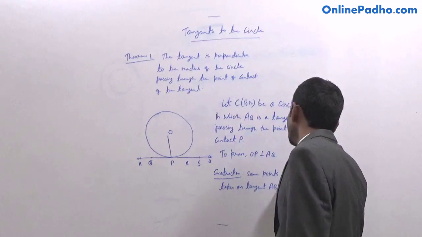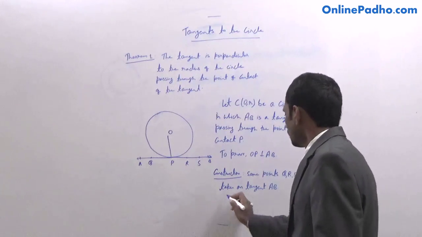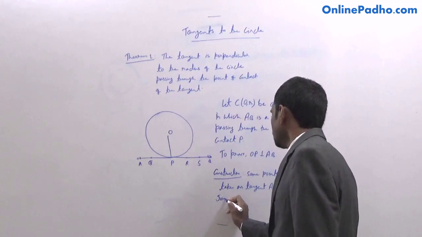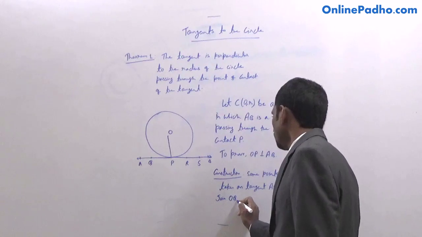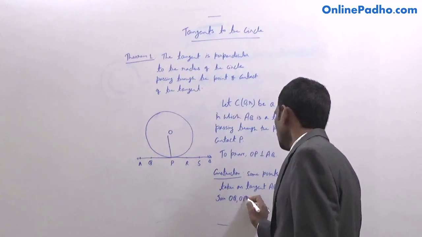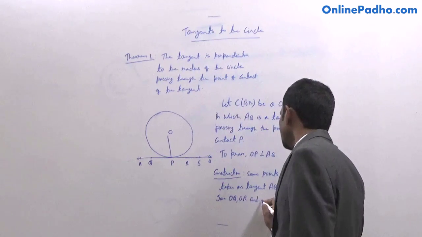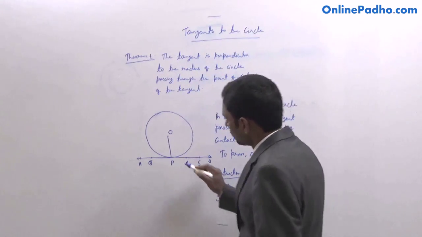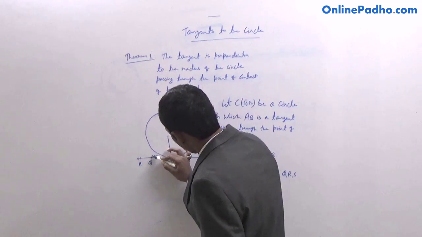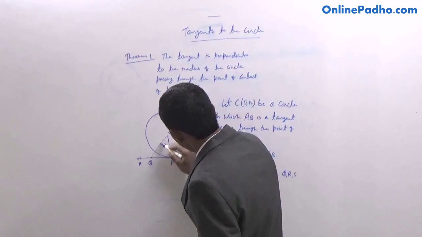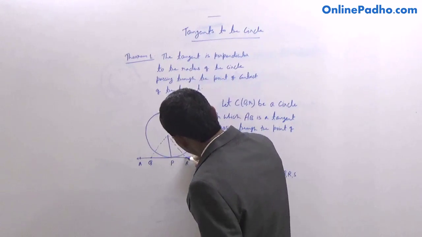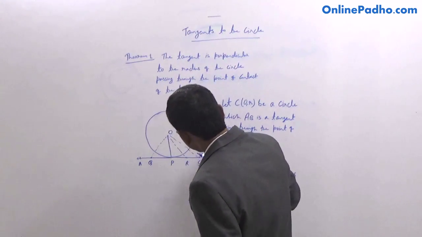So we consider some points. Now join OQ, OR and OS. In dotted lines we can join OQ, we can join OR, we can join OS, right?